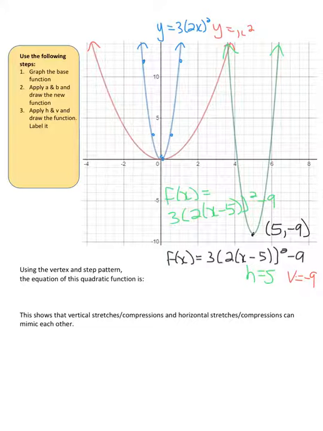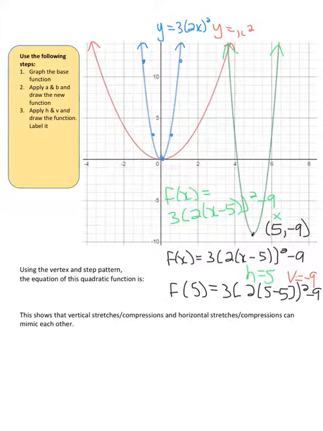So what we do with that is we substitute in x is 5 into the function that we were graphing, and when we put in 5 into this equation, we should get a y value of -9. So we're going to put in 5 for x, so we get 3(2(5) minus 5).